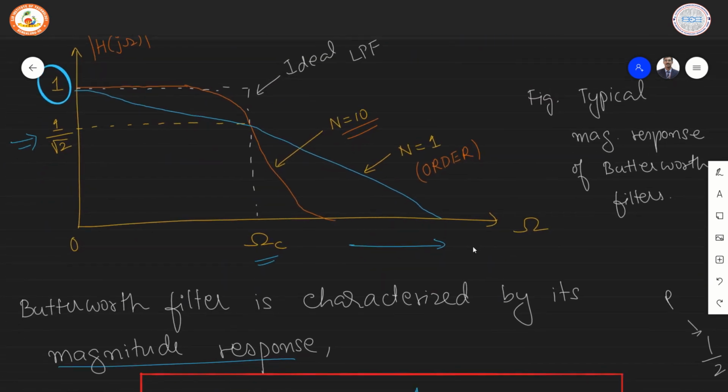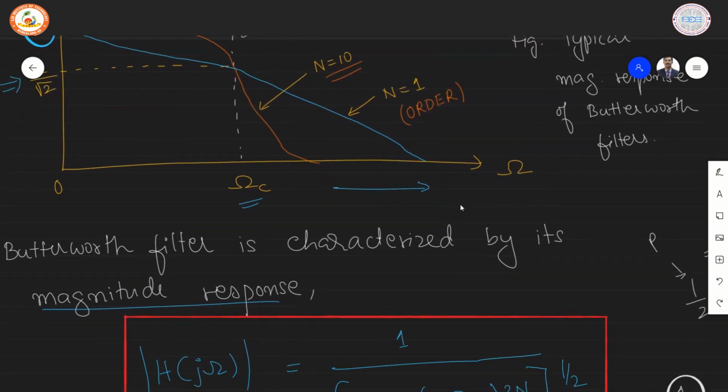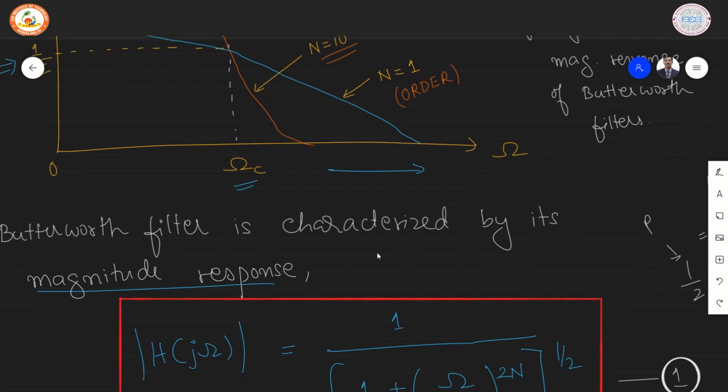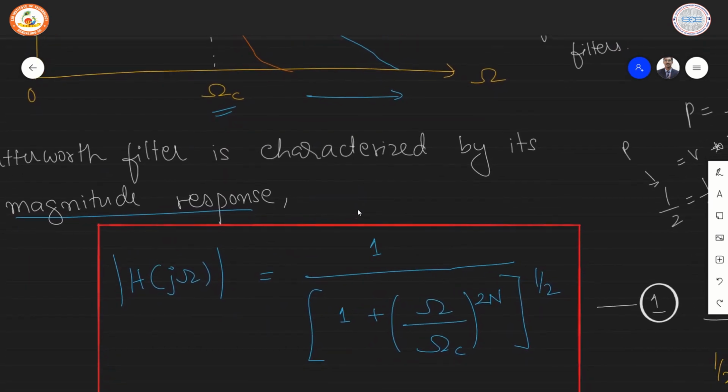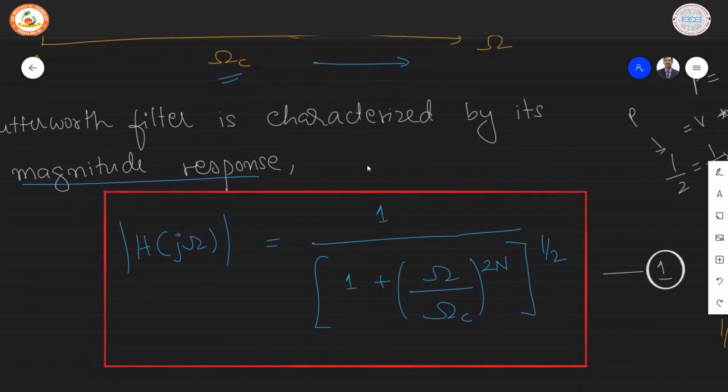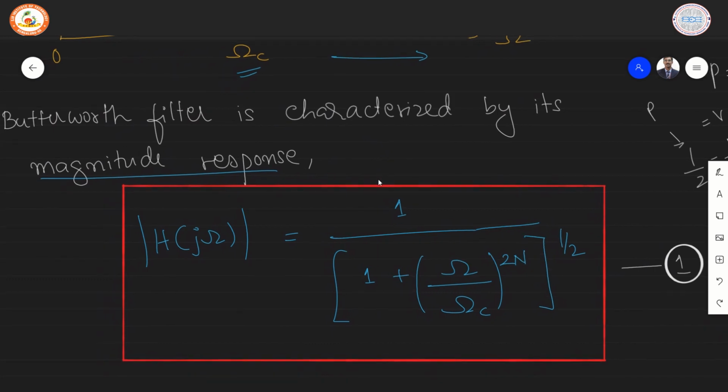Now, the Butterworth filter is characterized by its magnitude response. So the equation which has actually yielded this plot above is shown here. And the equation for magnitude response for Butterworth is something like this. Magnitude of h of j omega is equal to 1 divided by 1 plus omega divided by omega c to the power of 2n, whole raised to 1 by 2.